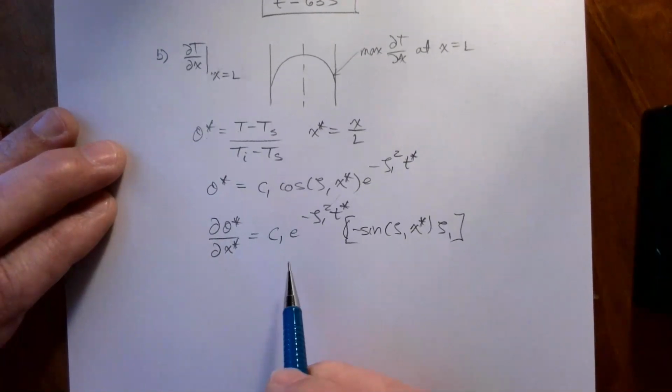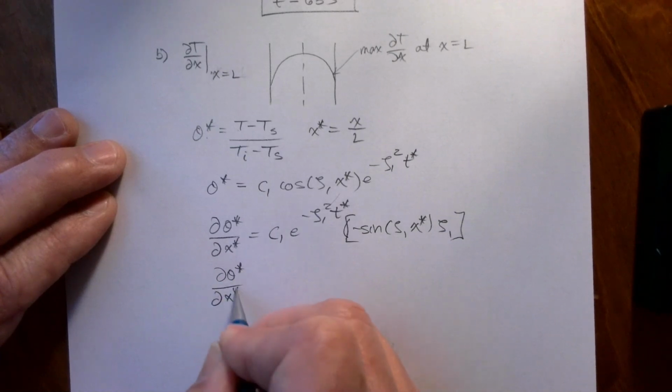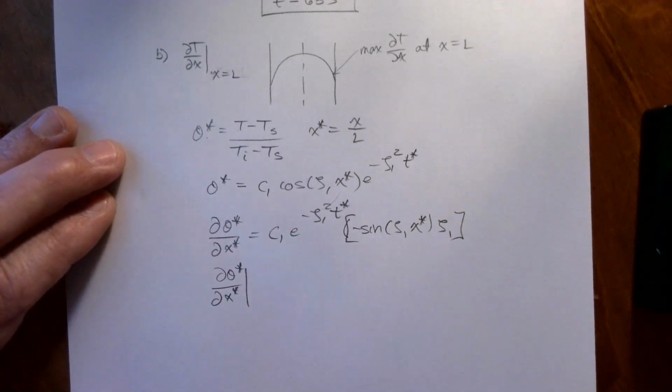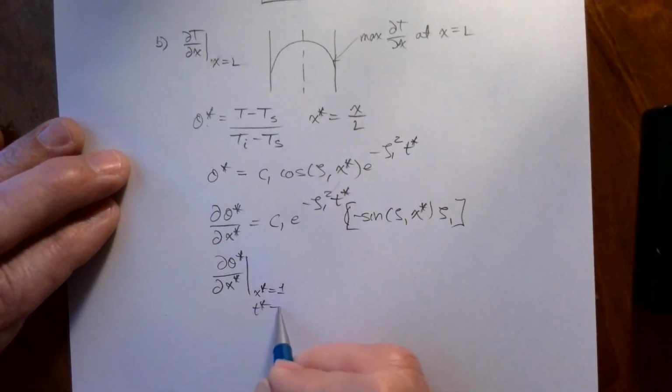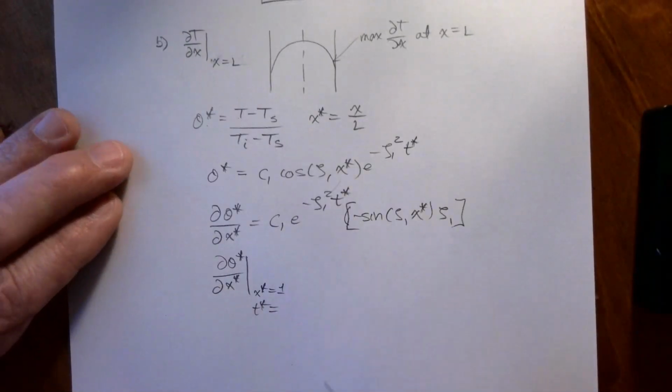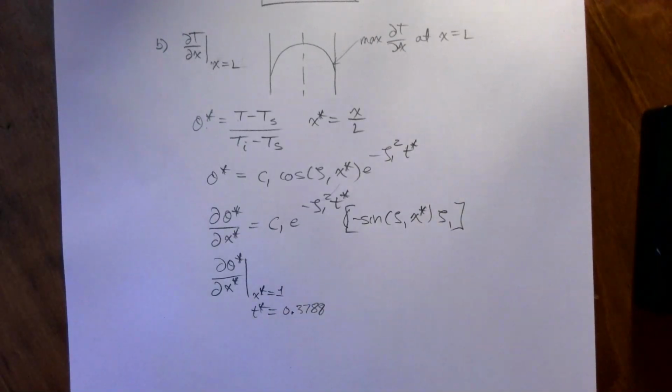Right, okay, and so now what I want to do is evaluate this. We want to evaluate this at x star equal to 1, and at t star equal to, what do we have for t star up above? 0.3788.